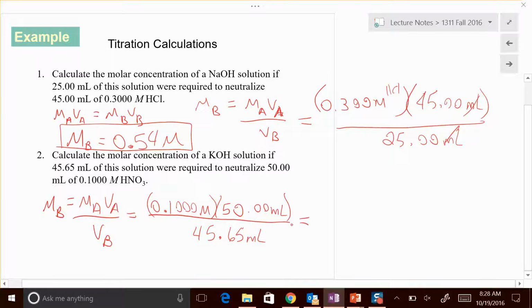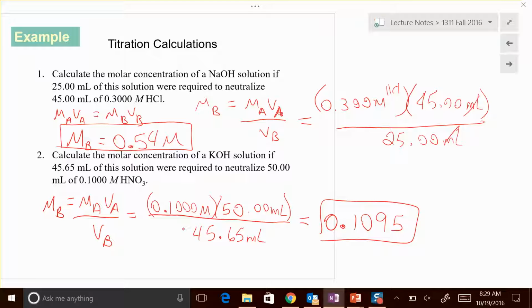What did you guys find? 0.1 times 50 divided by 45.65? 0.1095? Yeah. Because it took almost the same amount of acid as you had base, it does come out to be very similar concentrations. If it was exactly 50 down here, it would be exactly the same molarity.